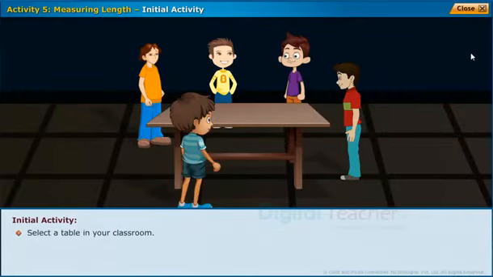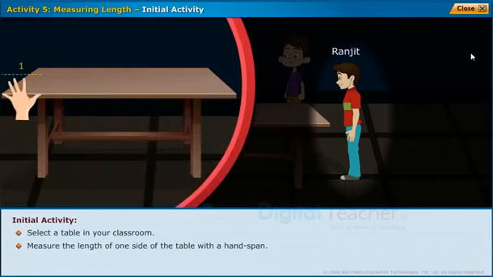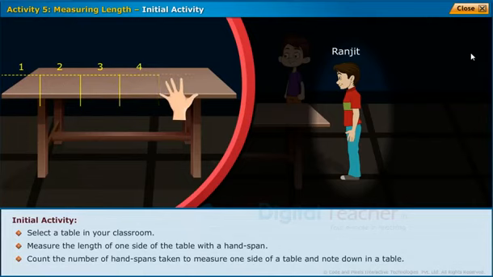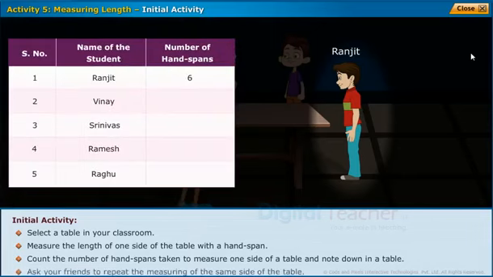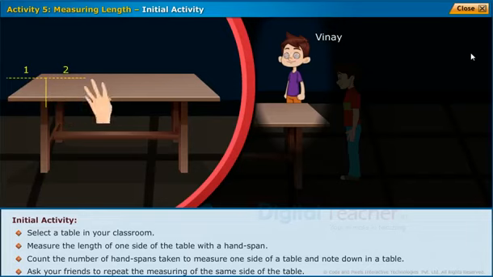Select a table in your classroom. Measure the length of one side of the table with a hand span. Count the number of hand spans taken to measure one side of a table and note down in a table. Ask your friends to repeat the measuring of the same side of the table.